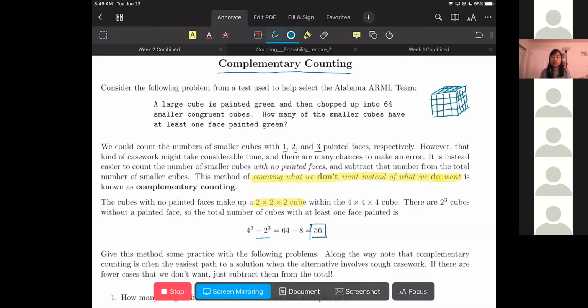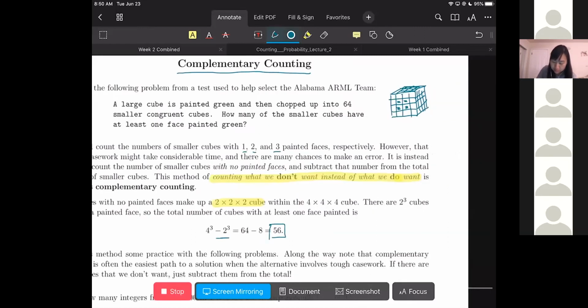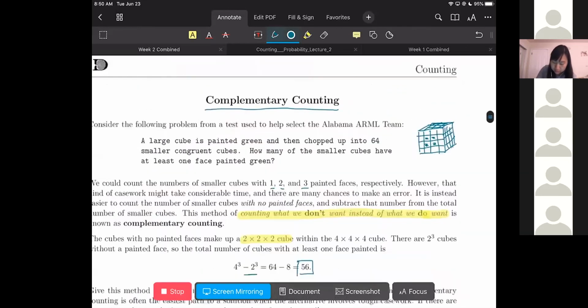Yeah, so basically you're saying if we count directly, then we have to count the different cases, right? So you said there's 4 on each face that have 1 painted side. So if we did it that way, we'd say, okay, for how many have exactly 1 painted face? Let's write it up here. 1 painted face.